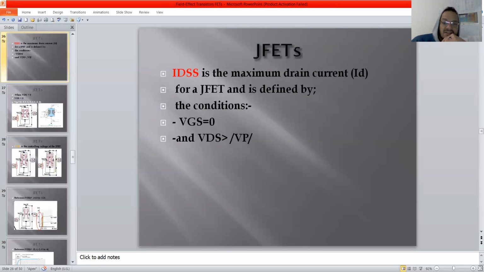The current here is less than 2, and it's less than the current at VGS equal -0.5.